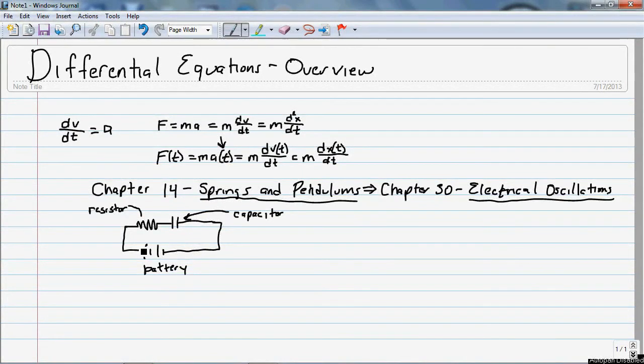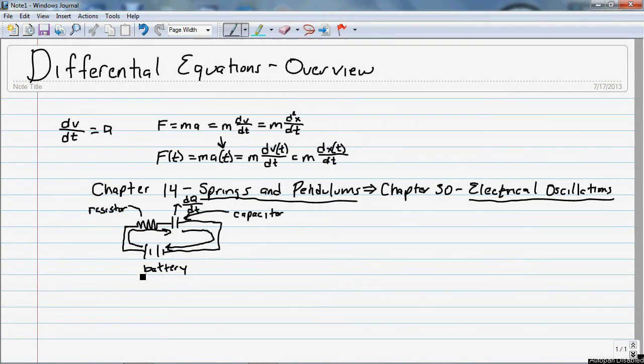And we'll have some kind of electric current flowing through this circuit. And the rate that the charge accumulates on the capacitor is going to be dependent upon the potential difference between the capacitor and the battery. So you're going to have some dq for charge, dt, that we're going to need to solve.